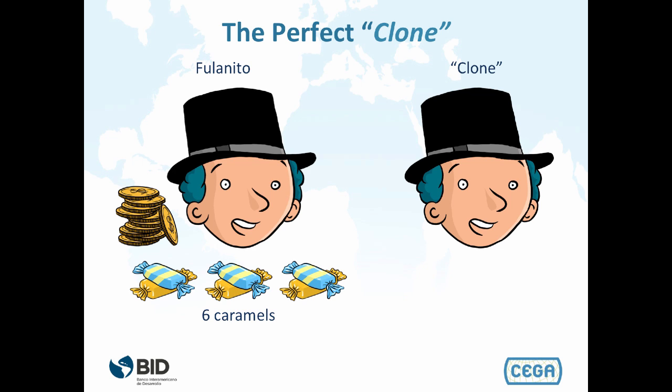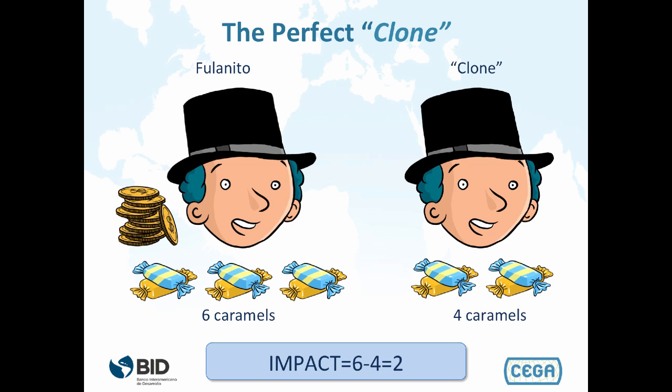Then we can compare how many caramels Mr. Fulanito eats when he has cash, how many he eats when he doesn't have cash, or how many his clone eats when he doesn't have cash. And then the difference between that, 6 minus 4 equals 2.